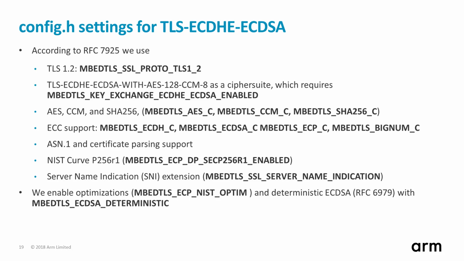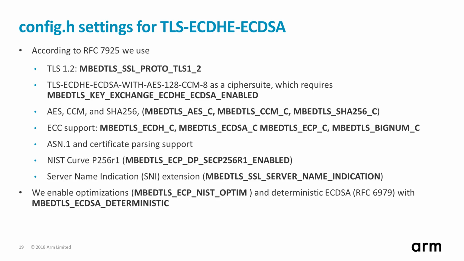But this time we need to include all the support that is needed to get elliptic curve cryptography working, which includes the ECDH functionality, the ECDSA signature algorithm, the elliptic curve implementation, and also a bignum library for multi-precision integers. Additionally, since we use certificates, we need to have support for the ASN.1 library and certificate parsing, and we also want to indicate the NIST curve secp256r1 that we want to make use of.